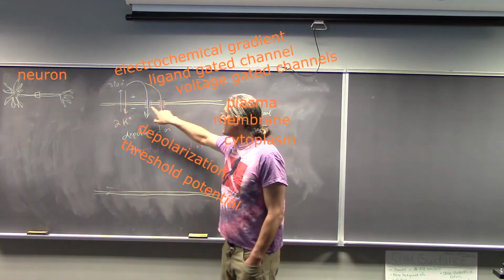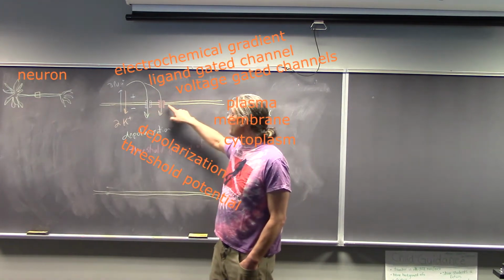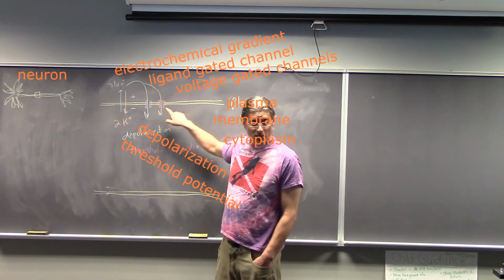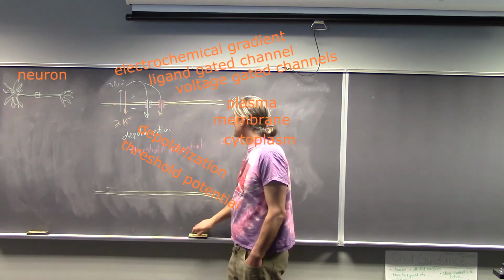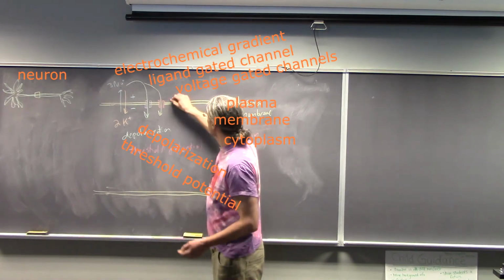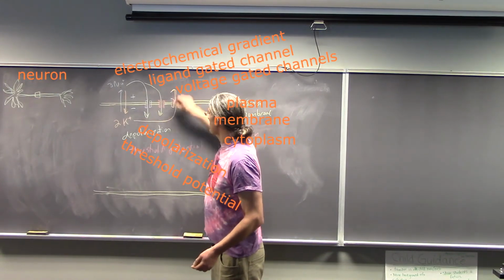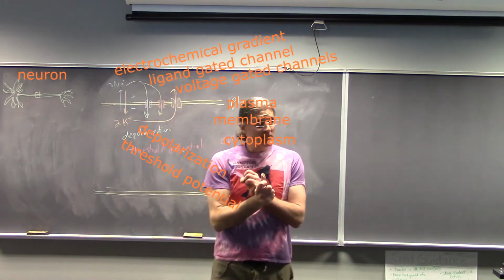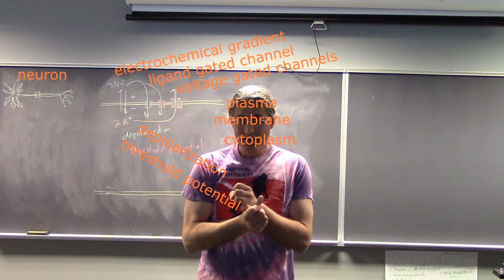Now, all of this stuff takes time, and what you have basically are voltage-gated channels opening up, and then you actually have other voltage-gated channels opening up that allow the potassium out. So you've got the voltage-gated channels that open up that allow the sodium in.